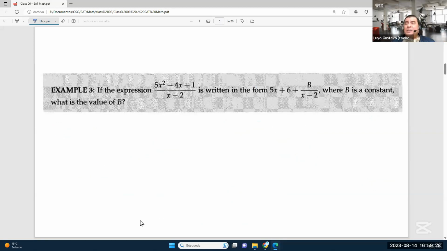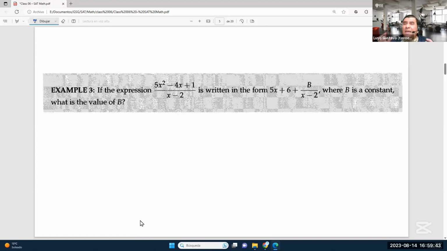It says if the expression 5x squared minus 4x plus 1 divided by x minus 2 is written in the form 5x plus 6 plus b over x minus 2, where b is a constant, what is the value of b?